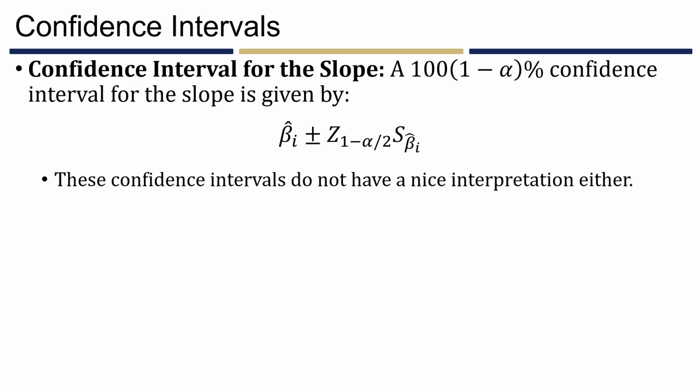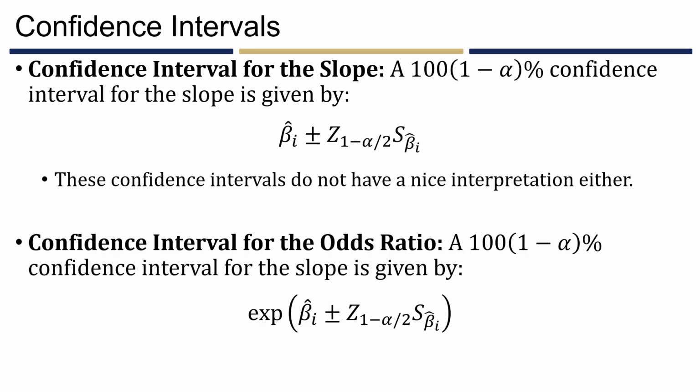Instead, what's more frequently used in logistic regression is a confidence interval for the odds ratio. We can still calculate the confidence interval for the slope that you see up above, but then exponentiate the endpoints and end up with a confidence interval that does have a nice interpretation.